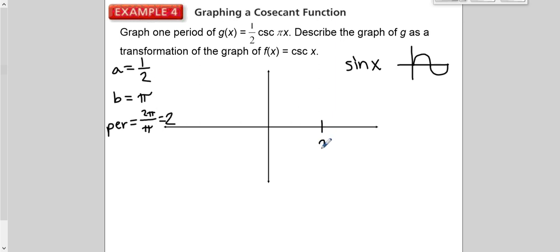Now we can start making our graph. We are graphing a sine curve. Break that into 4 sections. There's 1, but our amplitude of the sine is 1/2. So it's going to be a pretty squished curve.